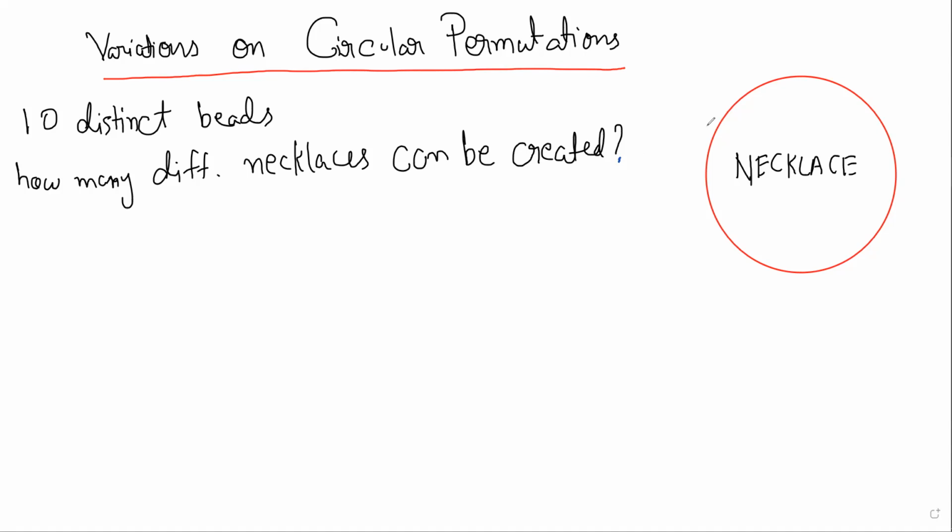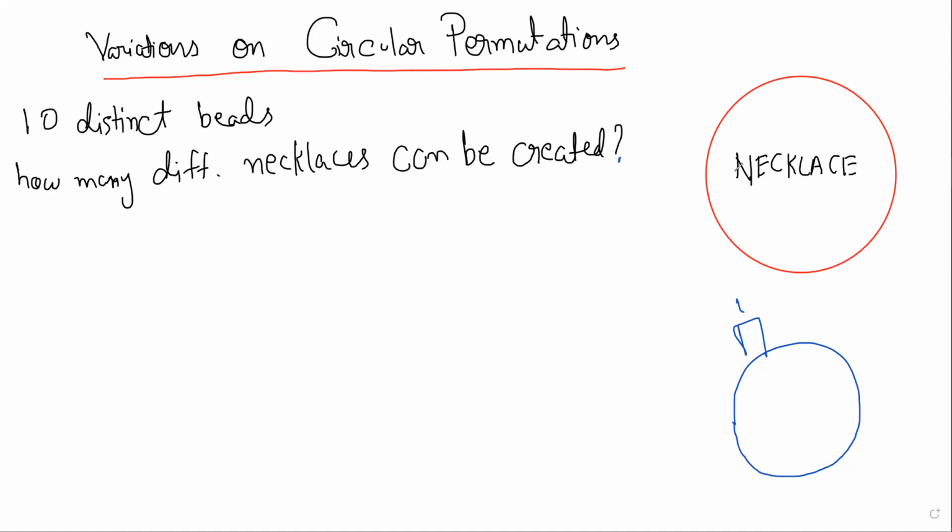No, but see, there it was n factorial. It was 10 factorial or n factorial because the chairs were labeled, and on top of that, the people were also different. So it mattered which person went to which chair. Chairs were like the slots.